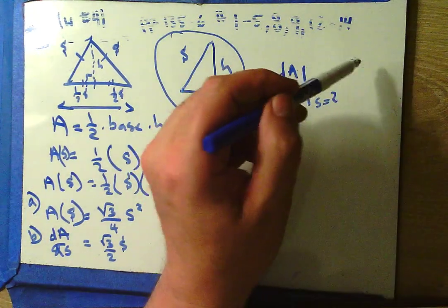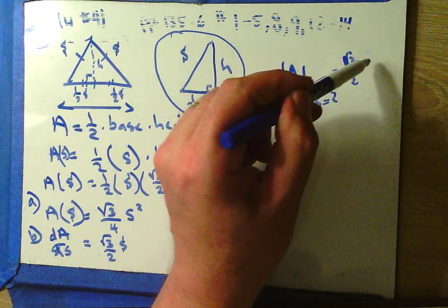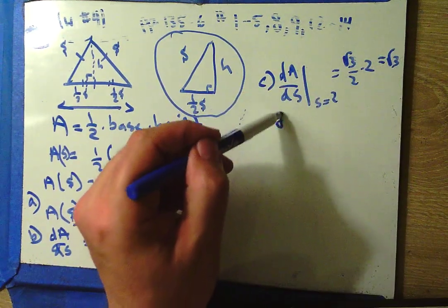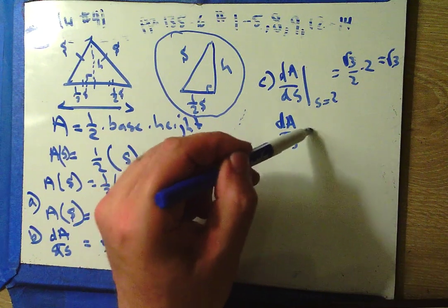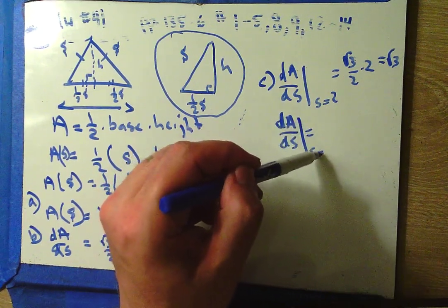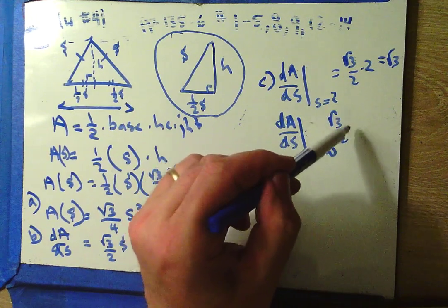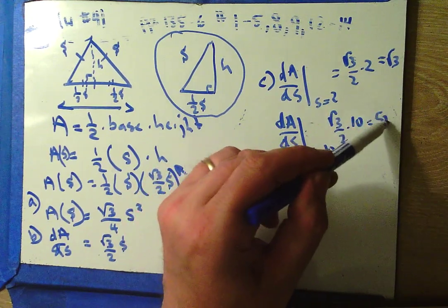And so that's going to be √3/2 times 2, which is √3. And we want to know dA ds when s equals 10. And so that's going to be √3/2 times 10, or 5√3.